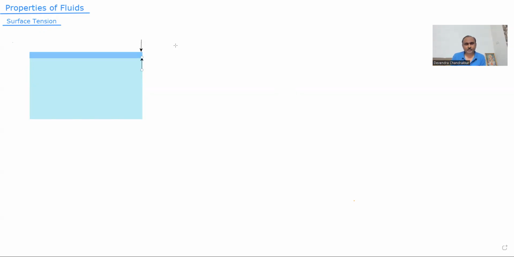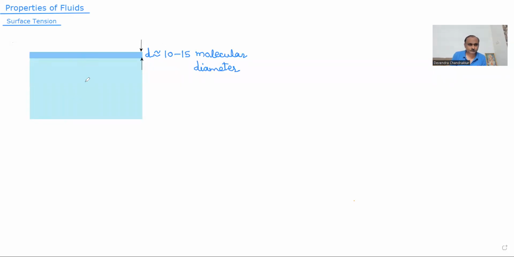It is approximated to 10 to 15 molecular diameters, where molecular diameter is of the order of 10 to the power minus 10 to 10 to the power minus 12.